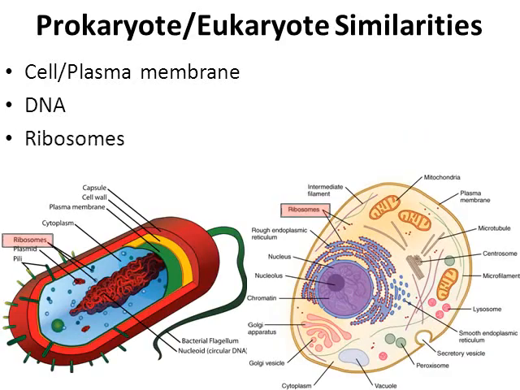Each has ribosomes. When you look at the two diagrams, they each have ribosomes. That's because they each need proteins, and that's the job of ribosomes, to build proteins. And each has a fluid interior called the cytoplasm. The cytoplasm is really important because this is where a lot of the chemical reactions that take place within a cell occur.